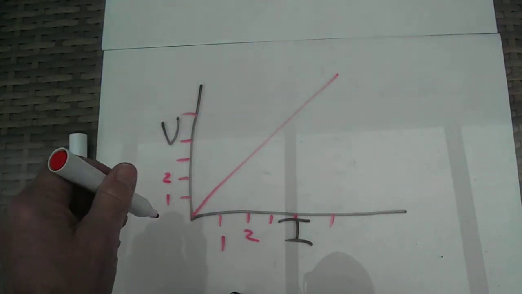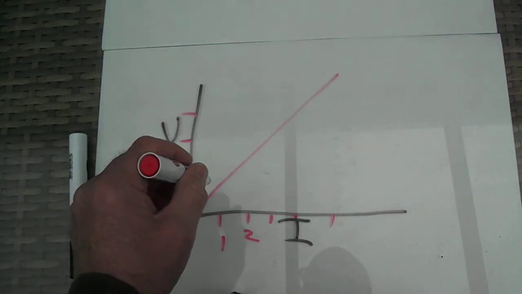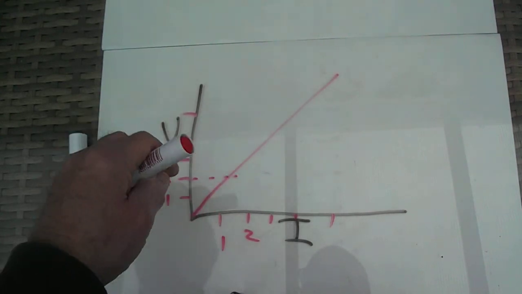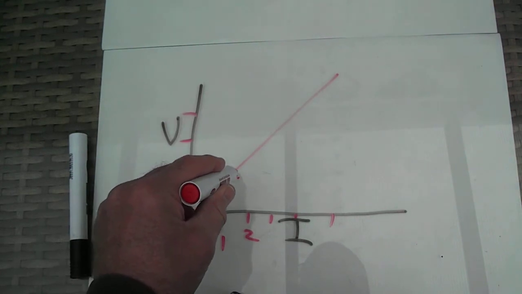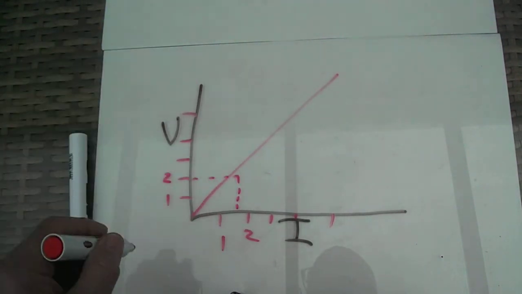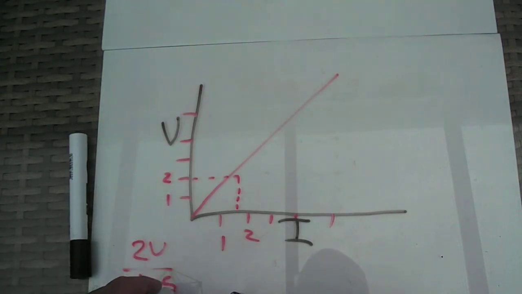So in order for me to calculate what the resistance is of this circuit, I can see that that is obviously 2 volts, 1.5 amps.